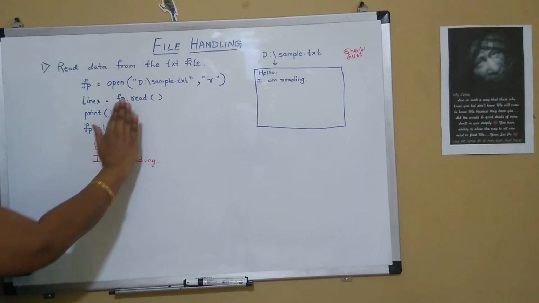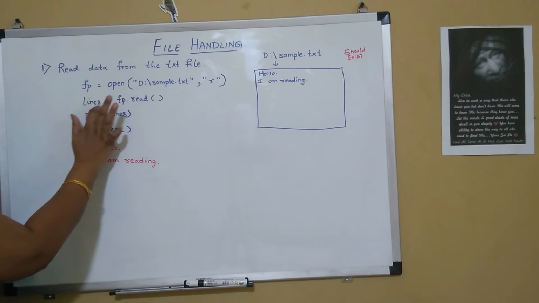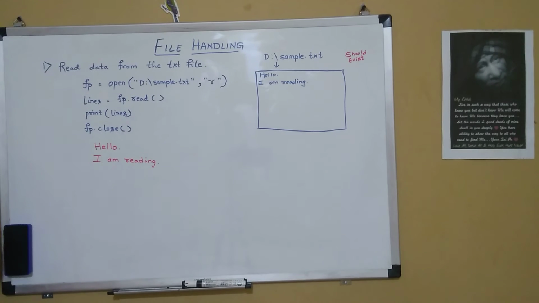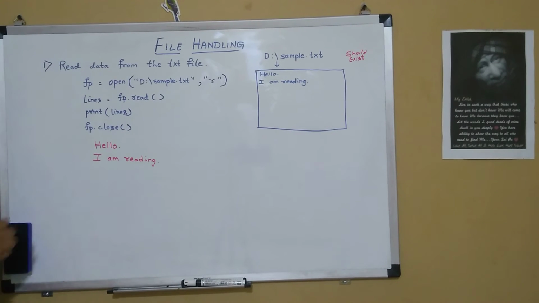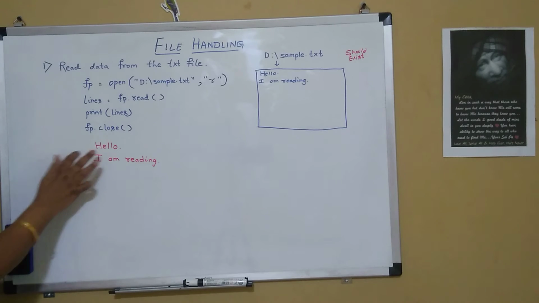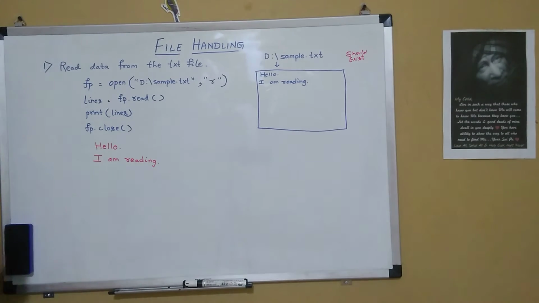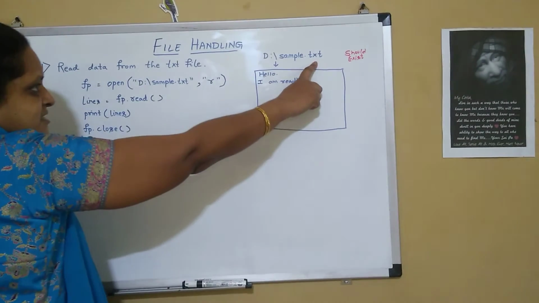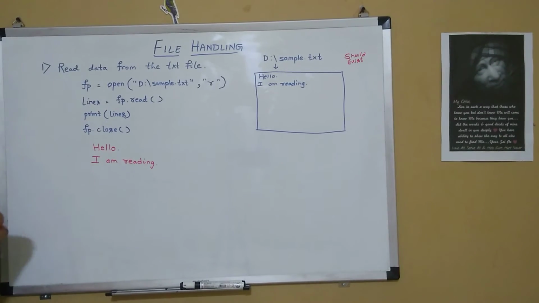If we don't give the print statement, it won't write anything, but lines will have the data present in the input file. And the file should exist in D drive, otherwise it will throw an error.